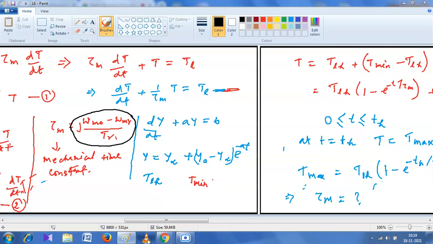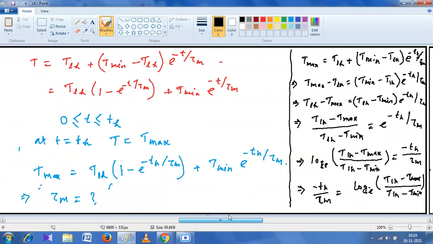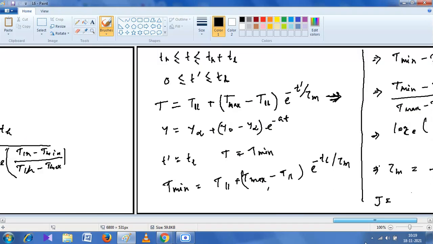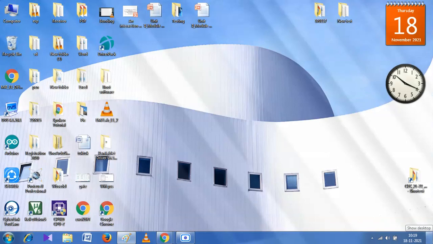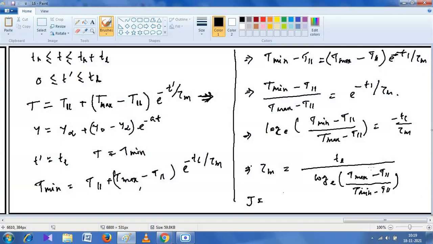And what we get as the value of tau m from this is TL by log of T max minus TLL by T min minus TLL. Yes sir. So we can easily calculate the value of J from this.